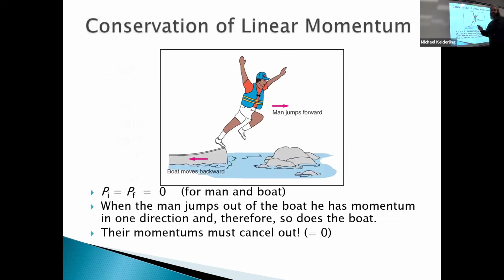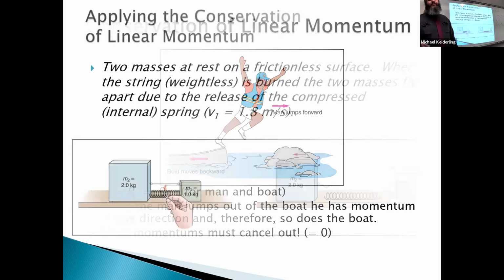So for example, if you start with zero momentum and you have two objects separating, the man here will have some positive forward momentum, assuming that way is the positive direction. And so the boat will have some negative momentum to cancel out the forward momentum, because the total momentum has to remain at zero because momentum is conserved.